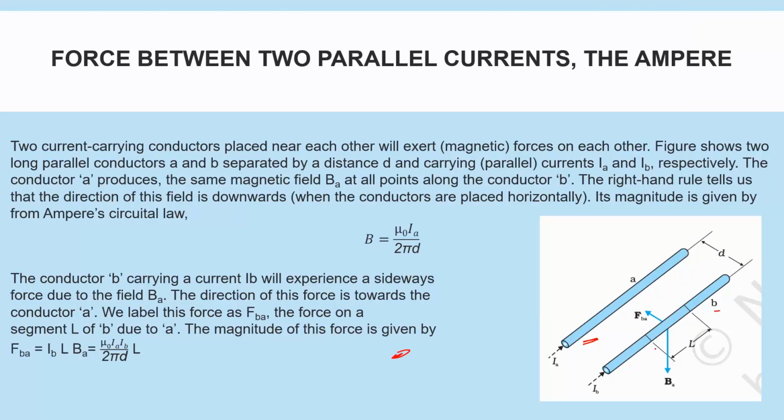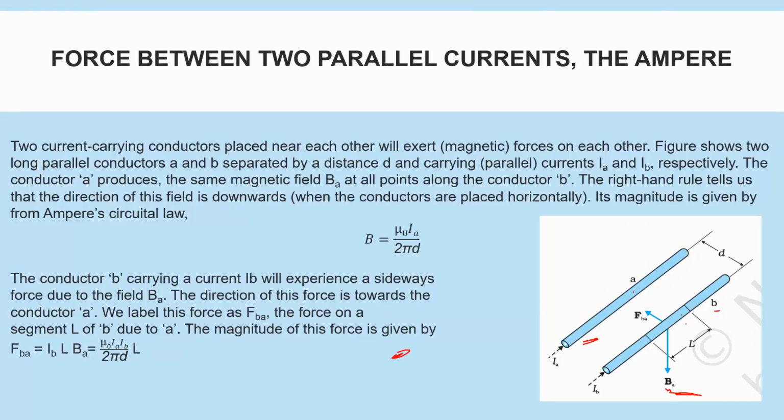Now over here we can see that there is a magnetic field BA, the magnetic field set up by conductor A at conductor B. So this BA is generated by A at the conductor B. And now these are placed near to each other, and hence they will have a magnetic force acting on each other.